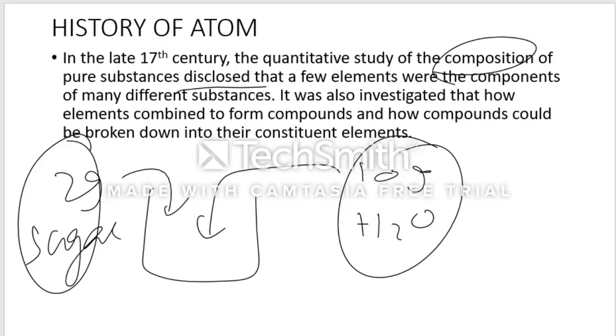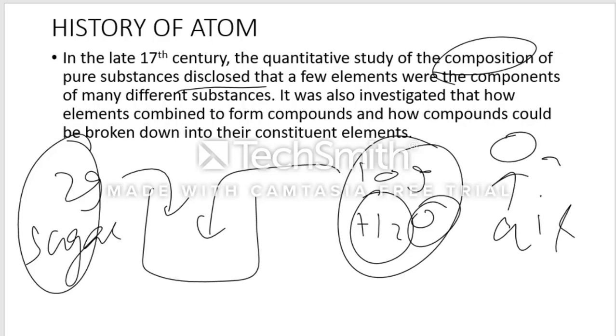For example, hydrogen is found in water, and oxygen is found in water as well as in air. It was also investigated how elements combine to form new compounds, and how they are broken down into their constituent elements.